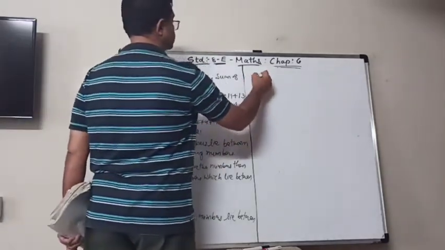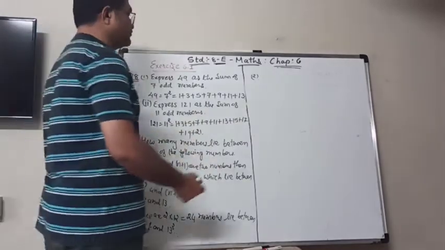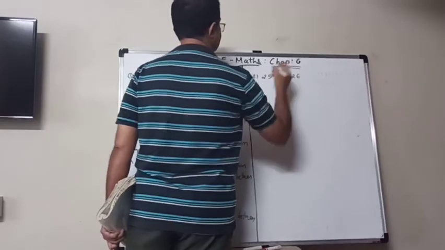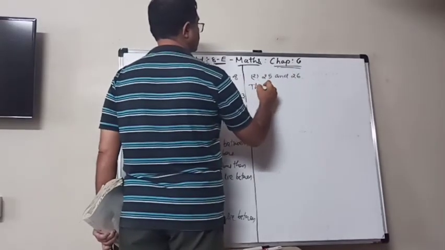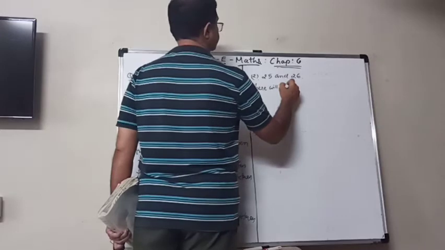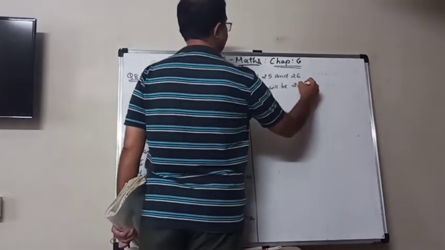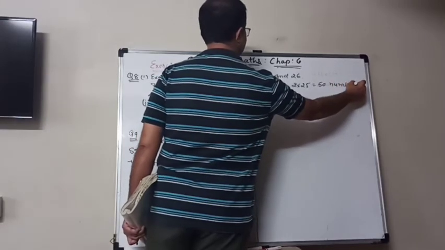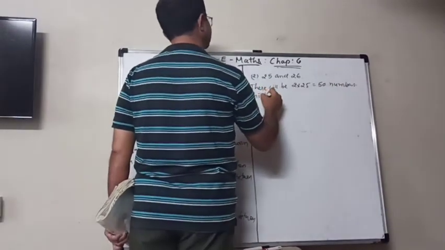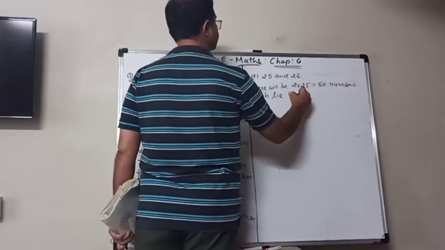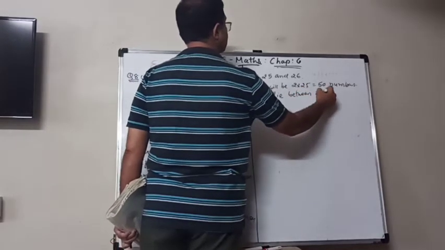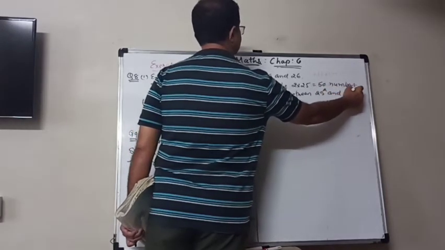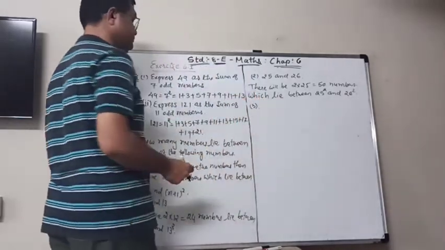Second, between 25 and 26. So you can write down, there will be 2 multiplied by 25 is equal to 50 numbers which lie between 25 square and 26 square.